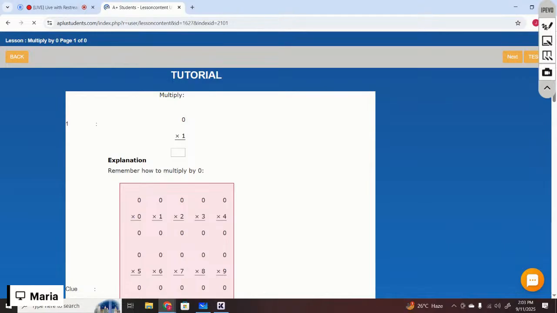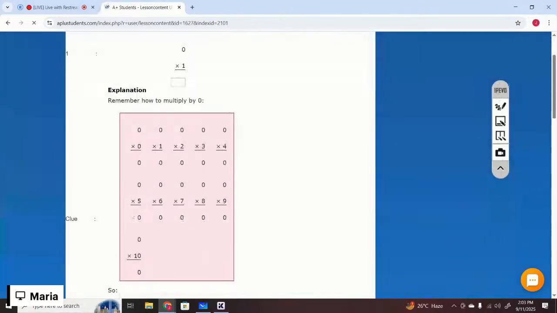Multiplying numbers with 0 is very easy because anything multiplied by 0 is 0. It is that easy. Whatever number you are multiplying with 0, the answer is always 0.